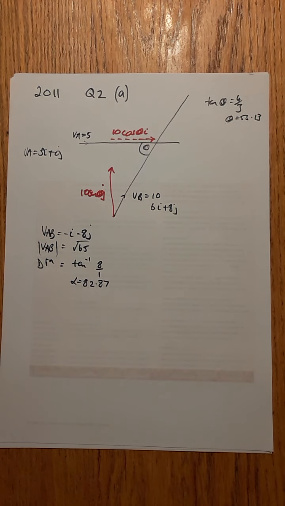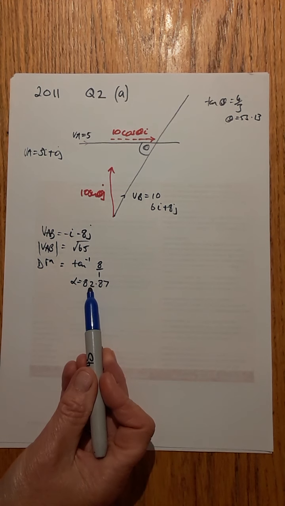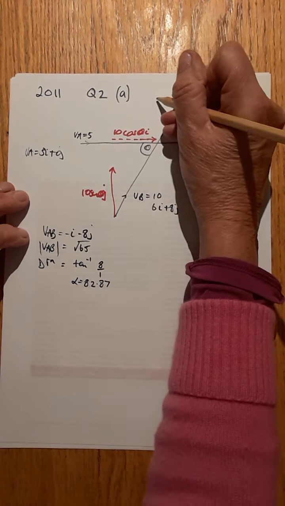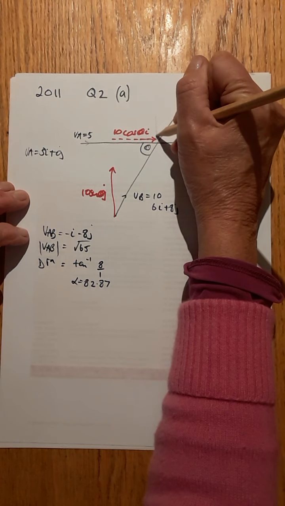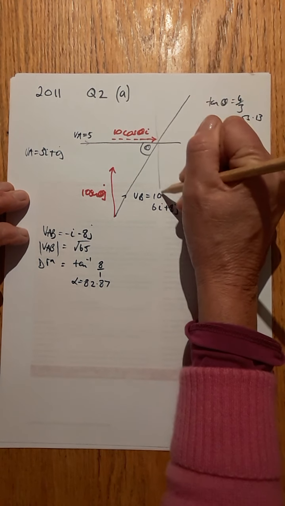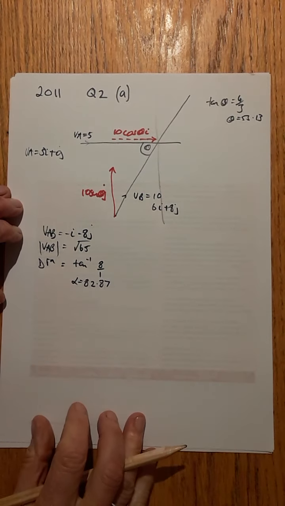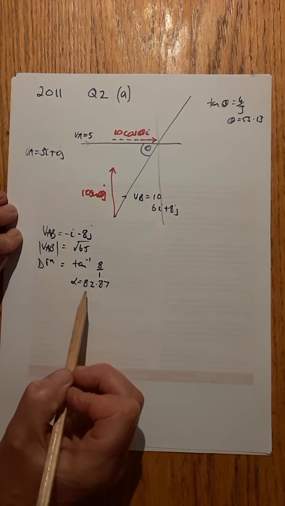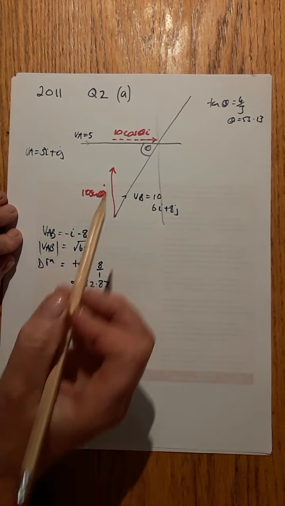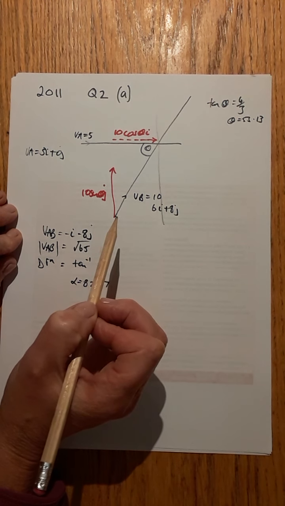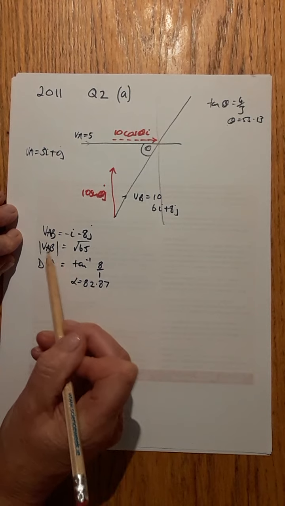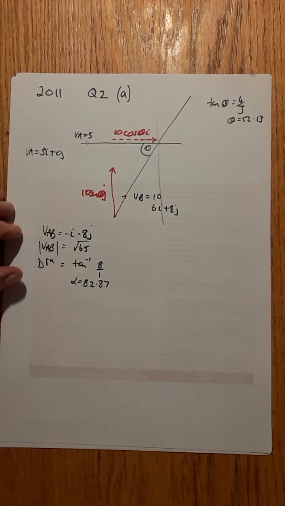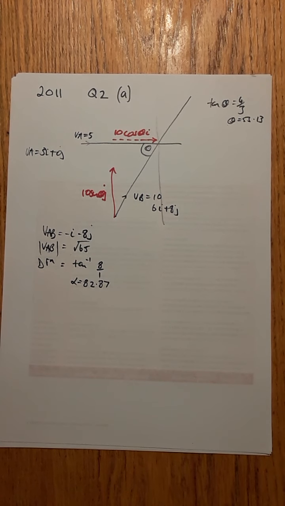Now the VAB has an angle of 82.87, and if I were to just draw a vertical line here for my j-axis, remember that when I put this VAB in, it's going to make an angle of 82.87 with, of course, that I-axis.